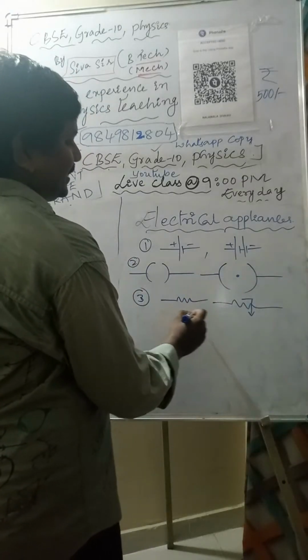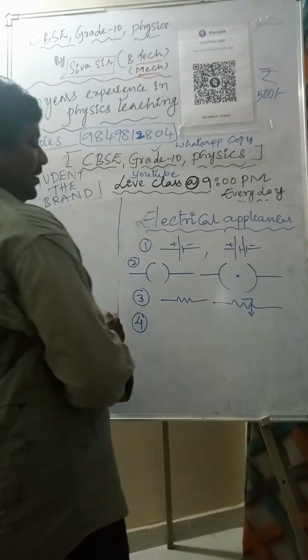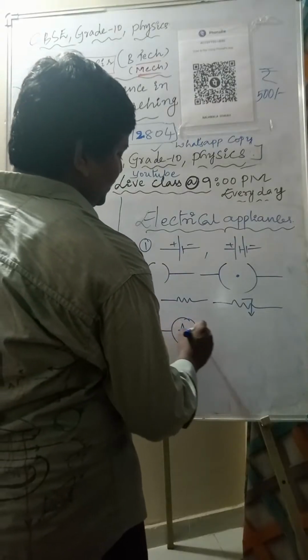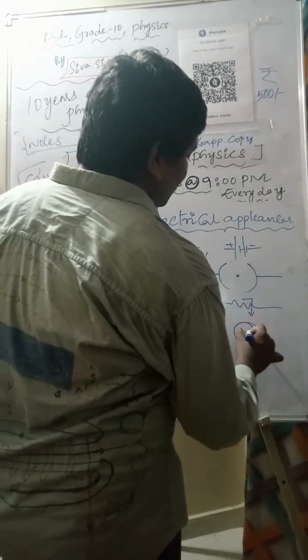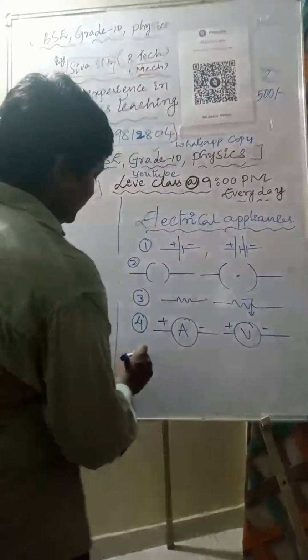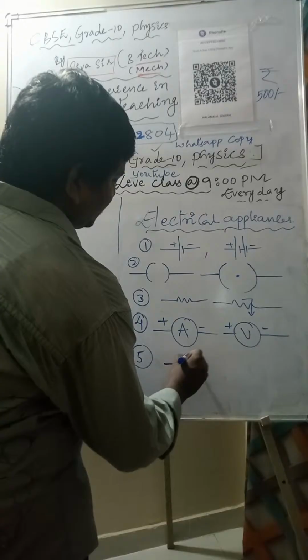So here, this is the resistor, rheostat. Next one ammeter, with positive terminal and negative terminal. Voltmeter. Next one, here we can take bulb.